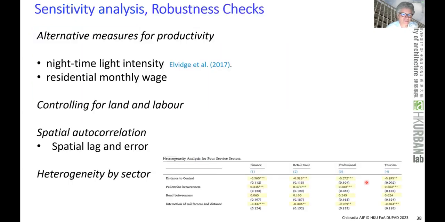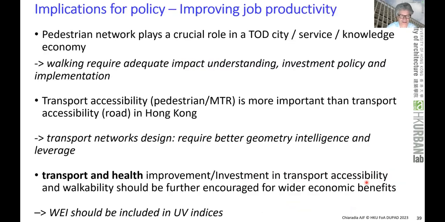Okay, so we look at sensitivity analysis by sector. There are different aspects as well, and I won't go into the detail. That can be read easily through this. Not surprisingly, one could say that investment in working in Hong Kong is very important.